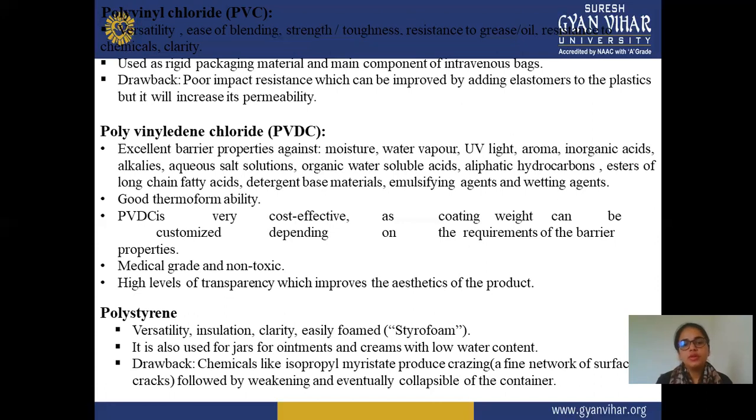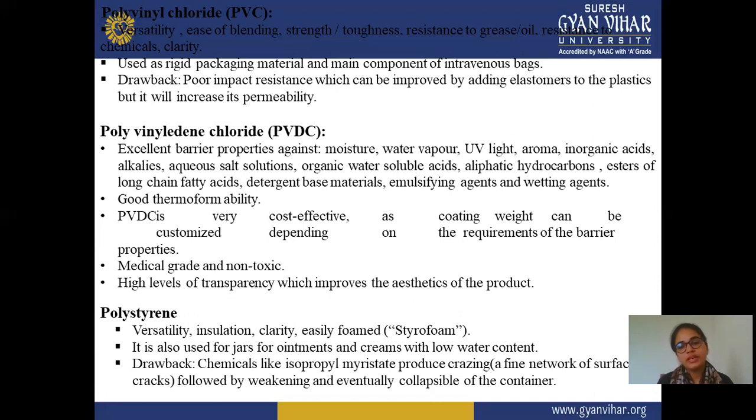Next is good thermoformability. It can easily be thermoformed, gaining its shape when you form the plastic. Next, PVDC is cost effective as a coating, with the coating weight customized depending on the requirement for barrier property. Cost-wise it is also high; it costs more, so it requires customization for the barrier property requirement.